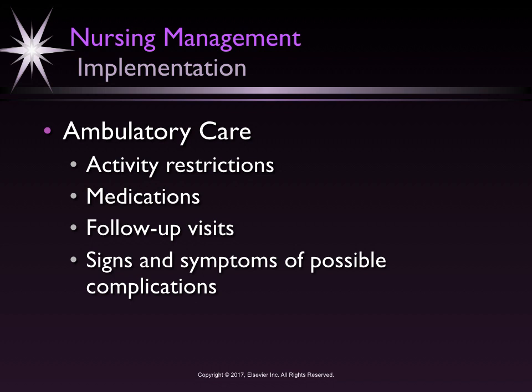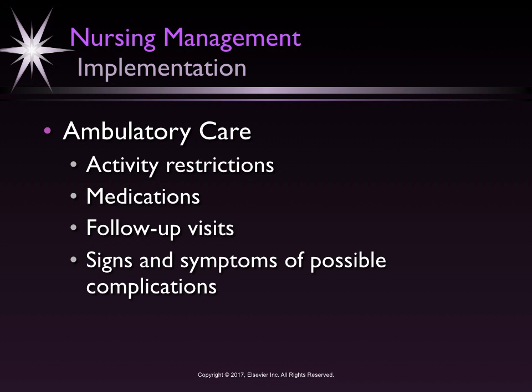These should include information about post-operative eye care, activity restrictions, medications, follow-up schedules, and signs and symptoms of possible complications. The patient's caregiver should be included in the instruction because some patients may have difficulty with self-care activities if their vision is poor in the unoperated eye.